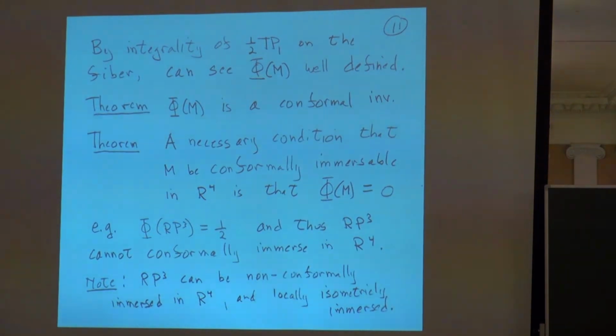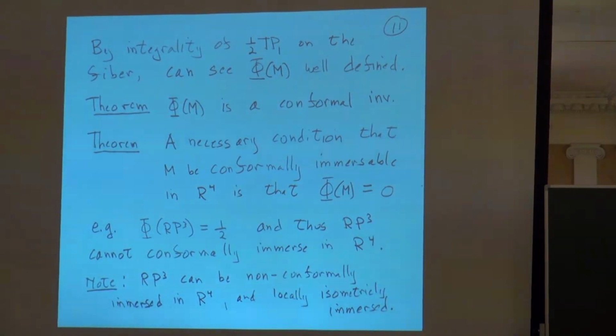So this is an R mod Z valued function, a circle valued function, if you like, on a Riemannian manifold. Now, it turns out if you differentiate with respect to a conformal change, you'll get the same answer. So it's a conformal invariant.